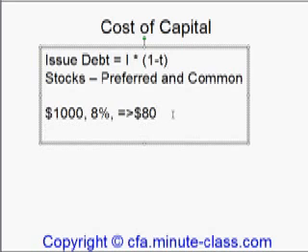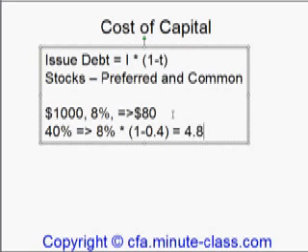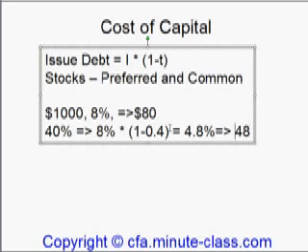Let's say the company has a 40% tax bracket. So its real cost of debt is actually just 8% times (1 minus 0.4), which is equal to 4.8%. And in this case, they only have to pay $48.